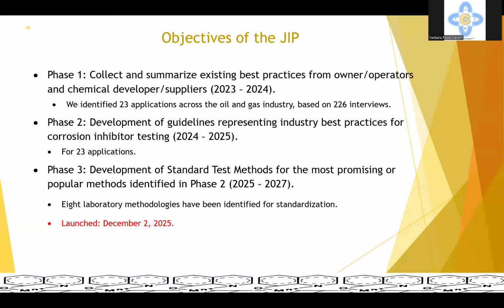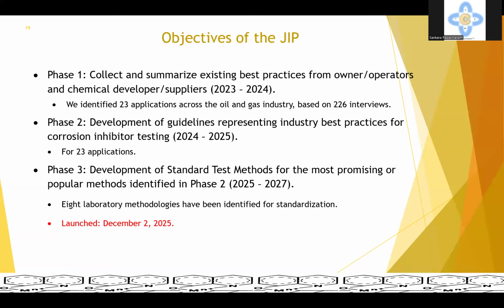In total, we conducted 226 interviews. That helped us to identify 23 different applications across the oil and gas industry in which corrosion inhibitors are used. And then in phase 2, we developed guidelines representing the current industry best practice for corrosion testing.